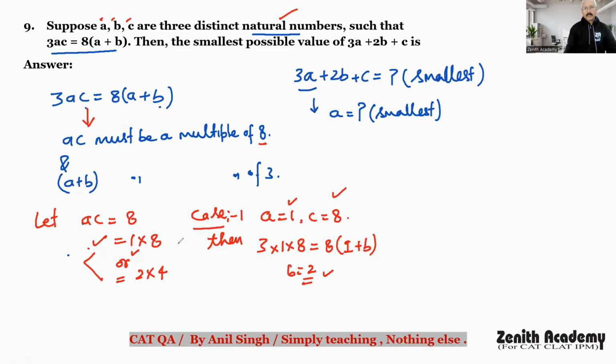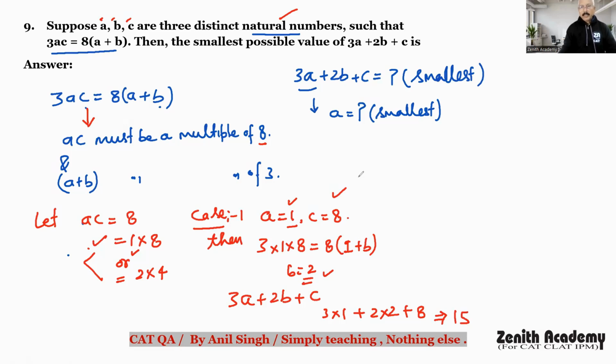So the value of 3A plus 2B plus C: 3 into A means 3, plus 2 into B, B is 2, plus C, C is 8. So this is equal to 3 plus 4 is 7, 7 plus 8 is 15.